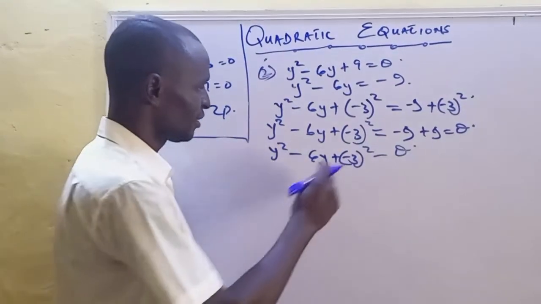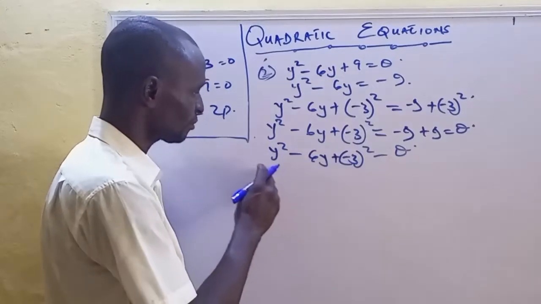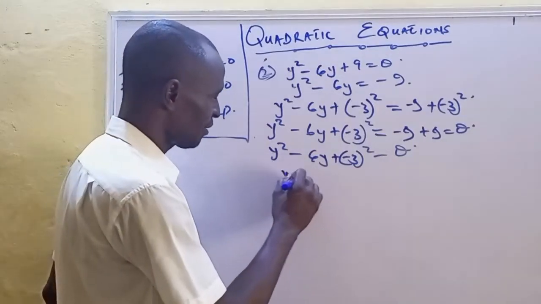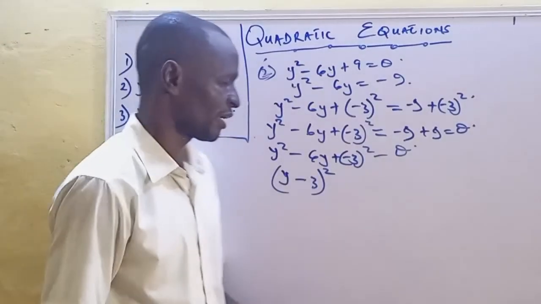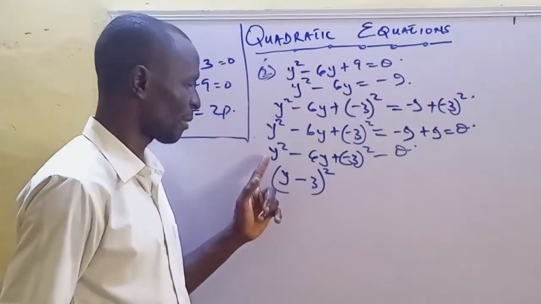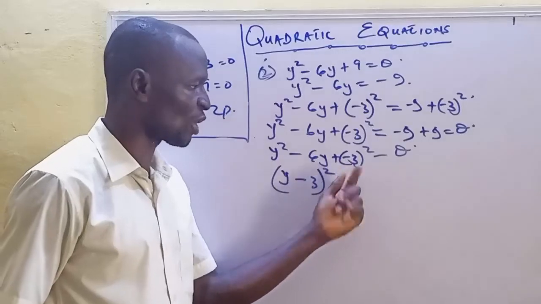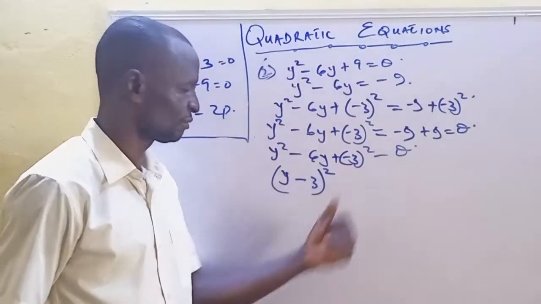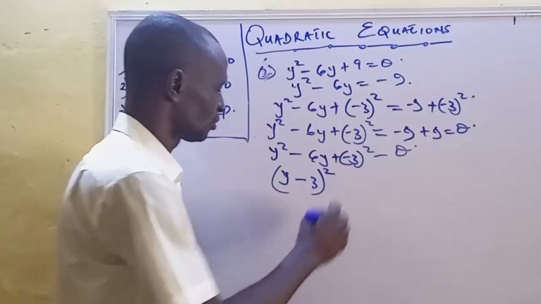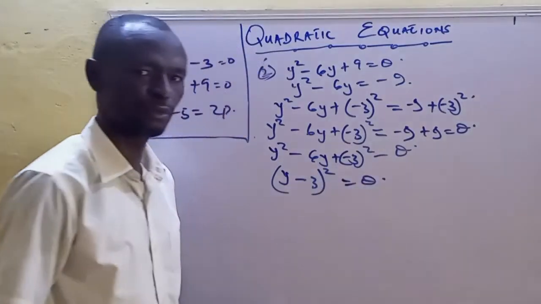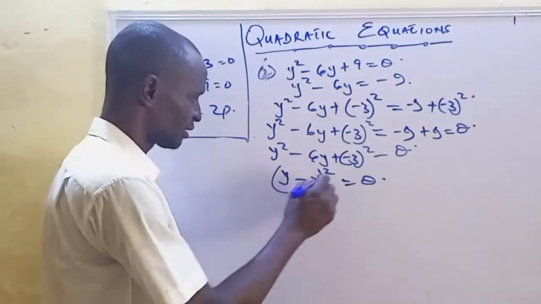At the end, we discover that y minus 3 all squared equals 0. Remember, in completing the square, I pick my y and pick the figure inside the bracket, so that y minus 3 all squared is equal to 0. Take the square root of both sides.